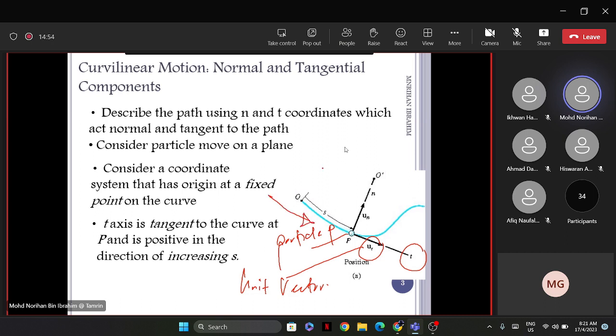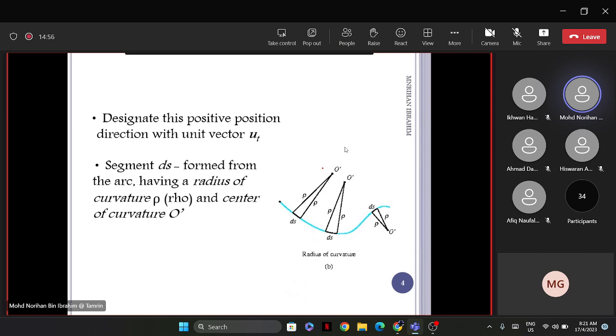So that is the T axis, which designates this positive direction with the unit vector UT, as mentioned before.